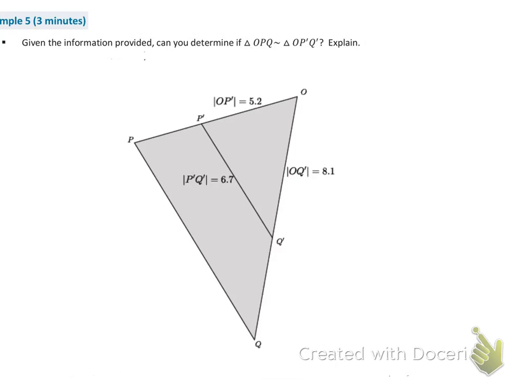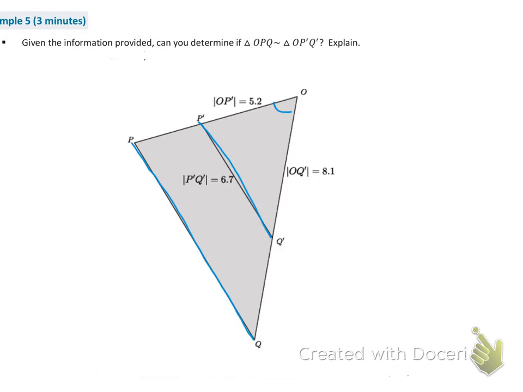They have this angle up top, angle O, we'll call it, in common, but they don't have two angles. So we can't use the angle criterion. If we knew that P prime Q prime was parallel to PQ, then we would have corresponding angles equal and we would have similar triangles.